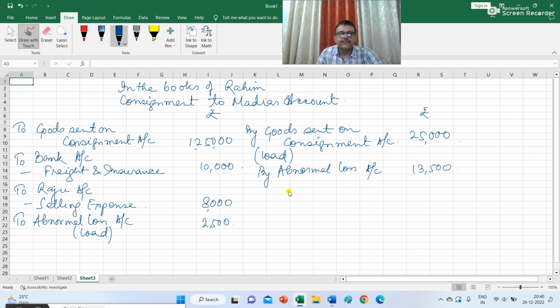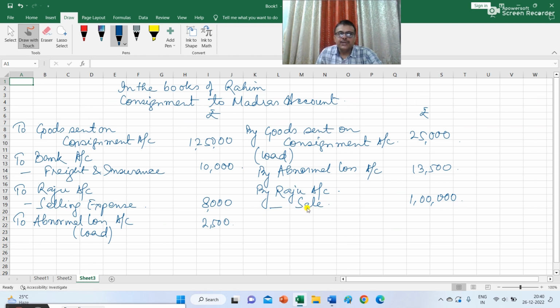Now it is given that Raju made the sale for rupees 1 lakh, which represented 75% of the goods that was sent to him. So on the credit side, I am writing by Raju account. This is the amount of sale. So the amount of sales effected by Raju was rupees 1 lakh.